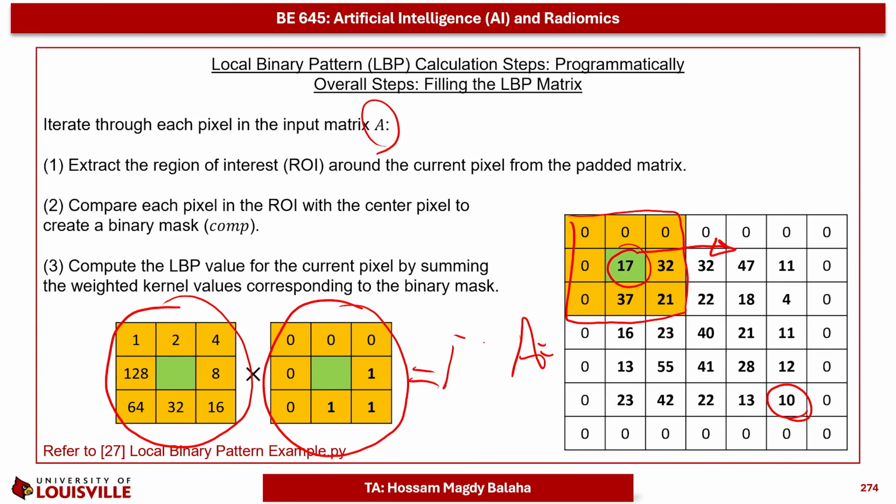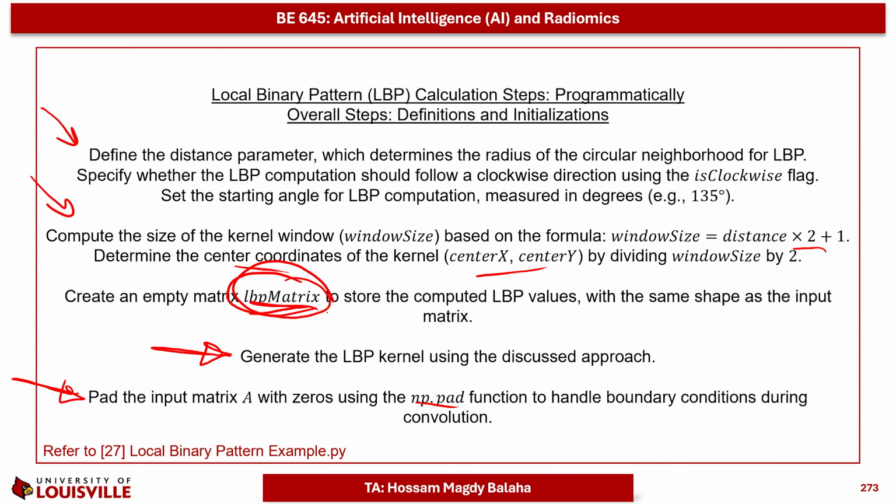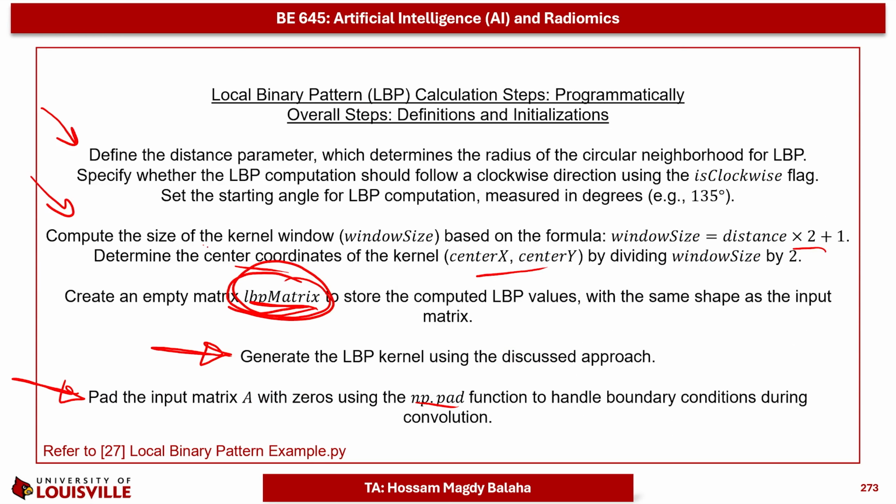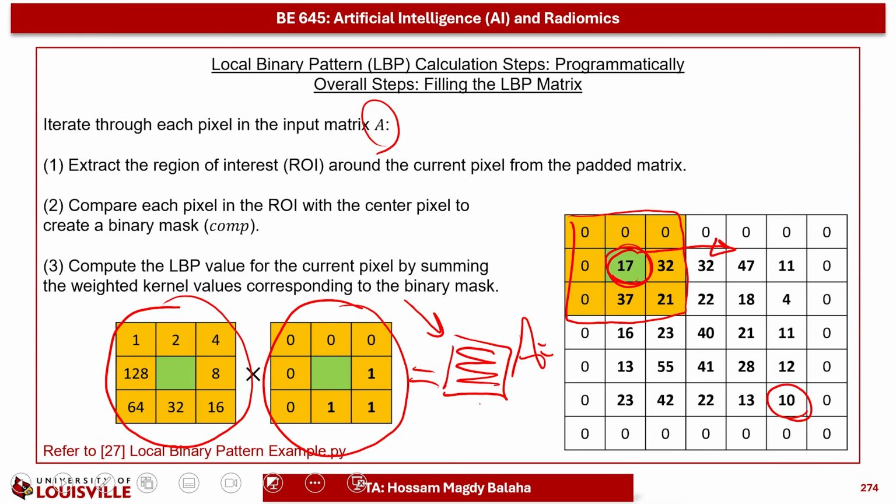You will get a final value, which will be a numeric value. Set that value in the new LBP matrix, which will be named here LBP matrix. So if you have coordinates 0 and 0 in the input padded matrix with 17, then 0 and 0 in the LBP matrix here will be the new calculated value here.